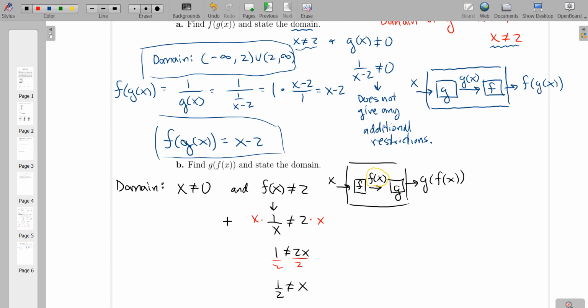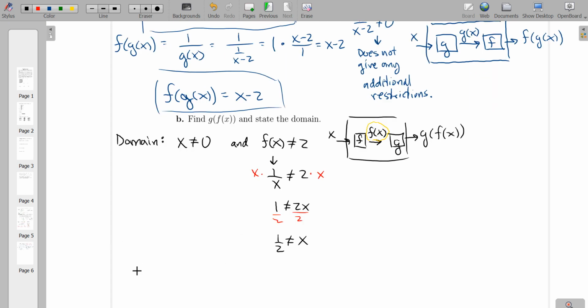So putting these two facts together, the domain should be everything except 0 and 1/2. So negative infinity to 0, 0 to 1/2, and 1/2 to infinity.